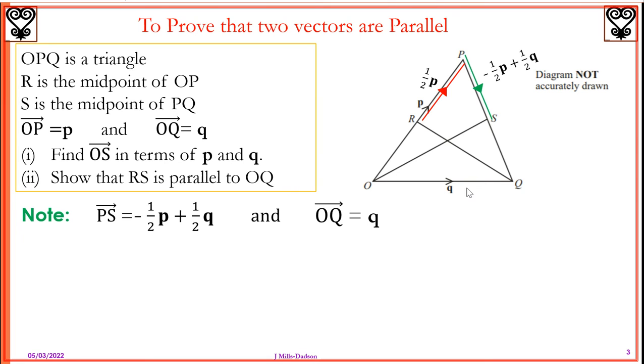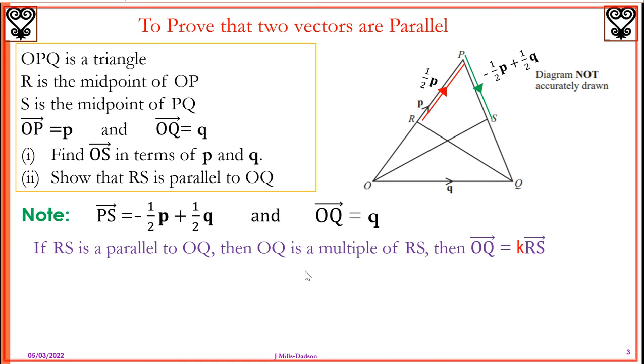We know OQ already, so what we need to work out is vector RS. And RS is RP plus PS. We know vector PS from the previous slide, and we also know vector OP as P. R being the midpoint of OP, vector RP should be half P. That's where the half P comes from. It's half of vector P.